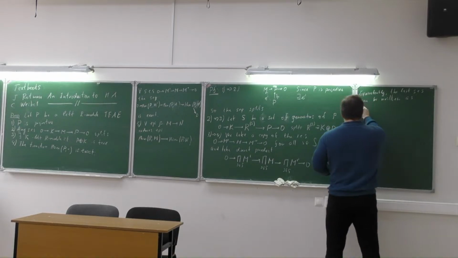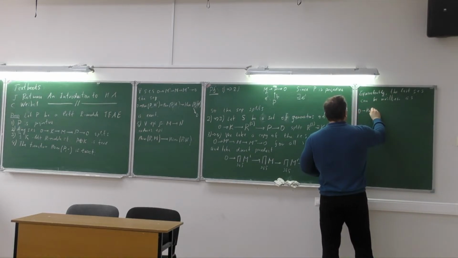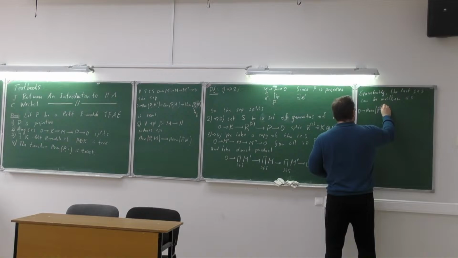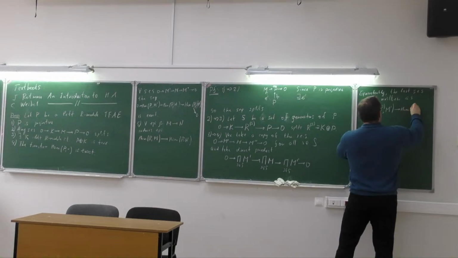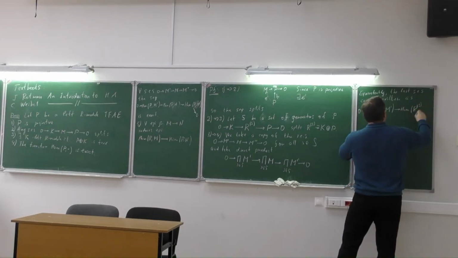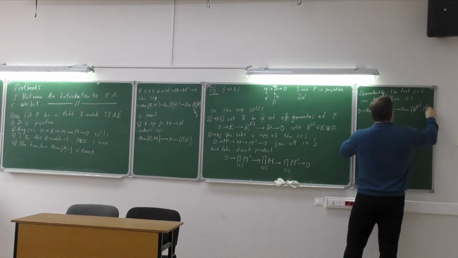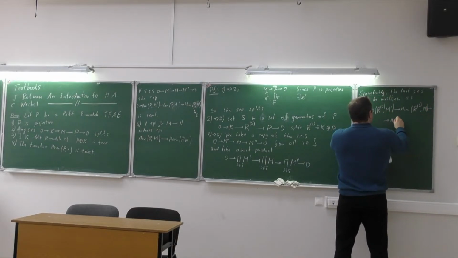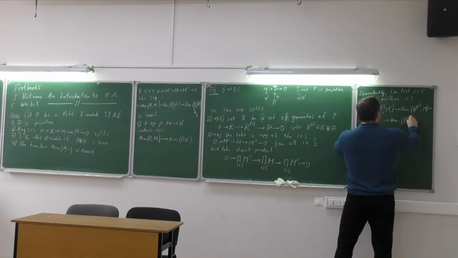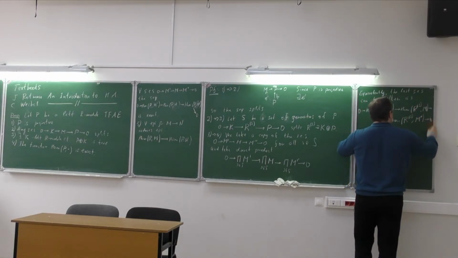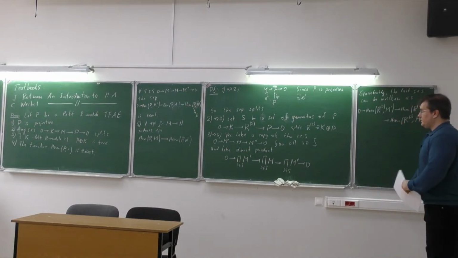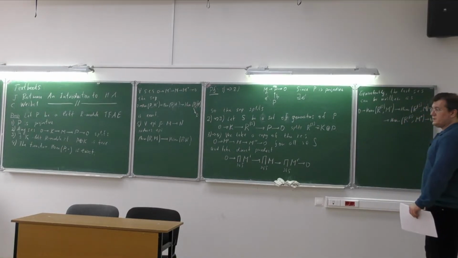I use Homs, so I have 0, then there is Hom from R^(S) to M prime, then there is Hom from R^(S) to M, and the last term is Hom from R^(S) to M double prime. So I'm saying that this is exactly the same short exact sequence.